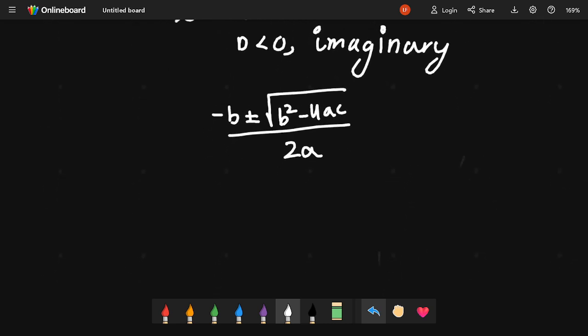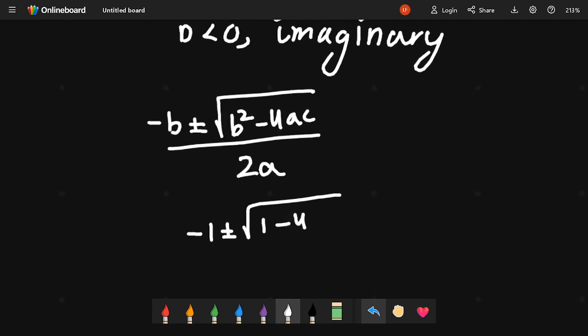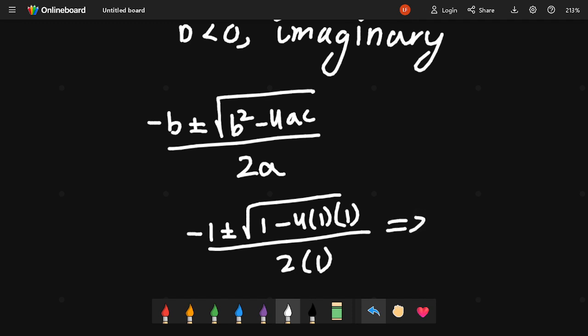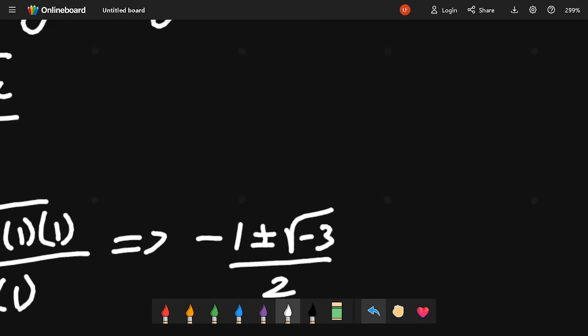So, what is minus b here? Minus b is negative 1 plus or minus the square root of b squared minus 4ac, which is 4 times 1 times 1, over 2 times 1. So simplifying this, we get minus 1 plus or minus the square root of negative 3 over 2. And we know that the square root of a negative number is just that square root times i, because let's say you have the square root of negative a.